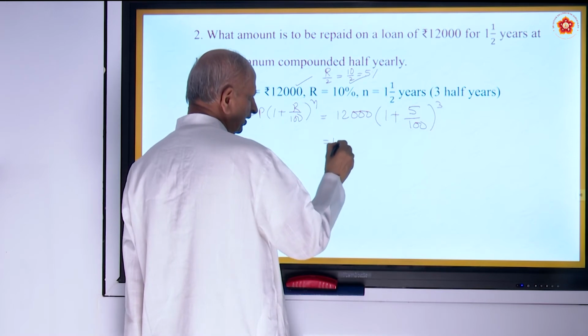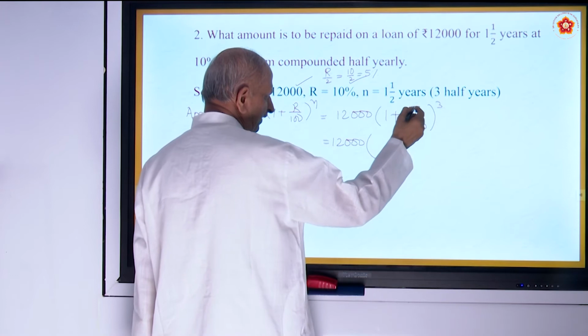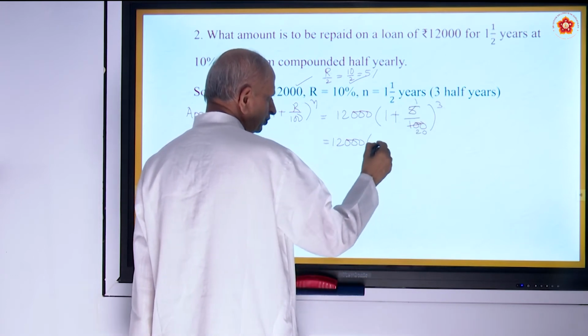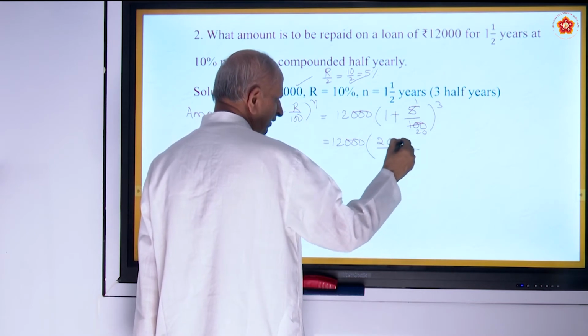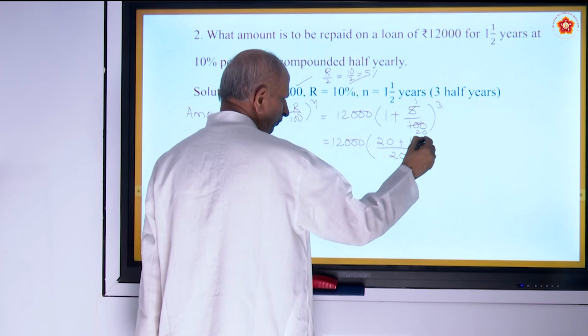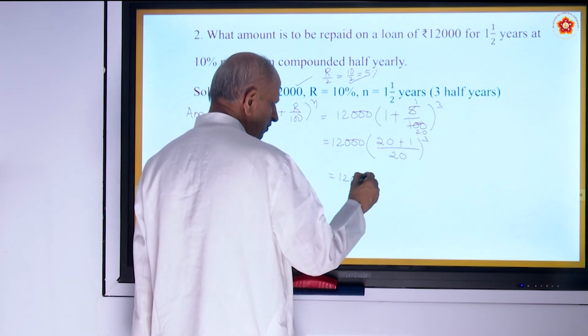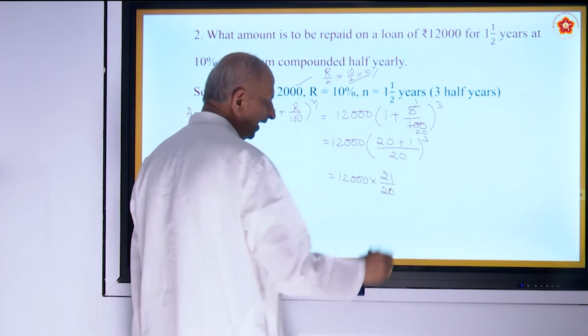So you have 12,000 into, if you cancel these, 5 ones are 5, 20s are. So if you take LCM, 20 plus 1 whole cube, that is 12,000 into 21 by 20. How many times?